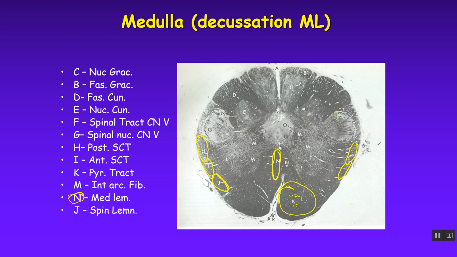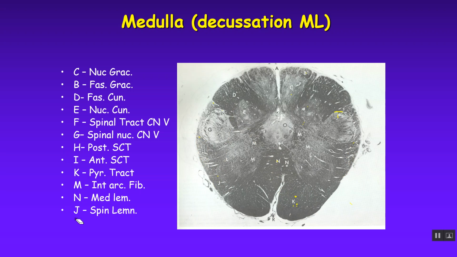Once we start getting higher up, we start to see the medial lemniscus migrate more posterior and lateral, and we see the spinal lemniscus get closer to the medial lemniscus. So eventually, once we get up into the pons and the midbrain especially, they're right near each other because they start to migrate and twist and move up towards each other as you go up the brainstem.